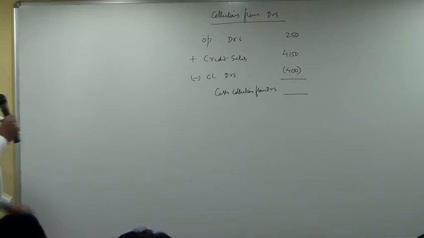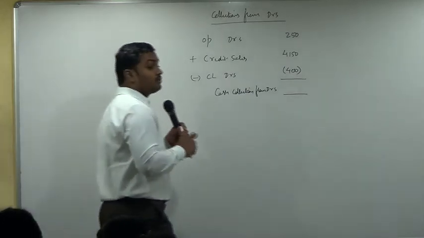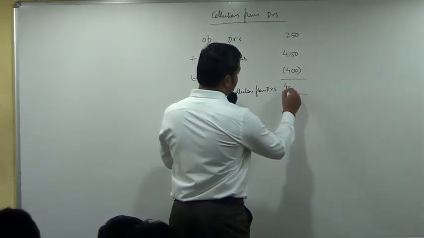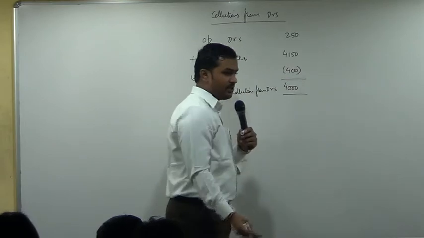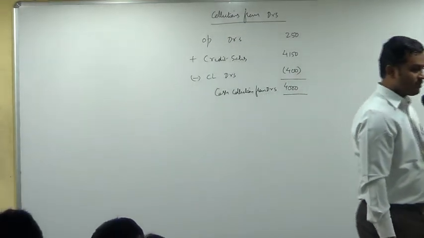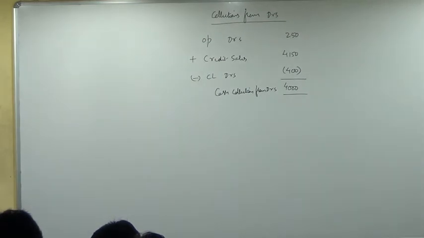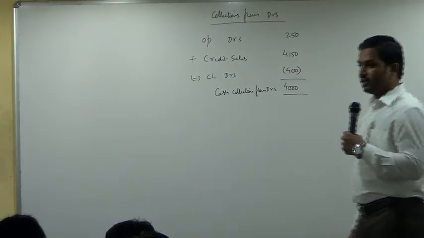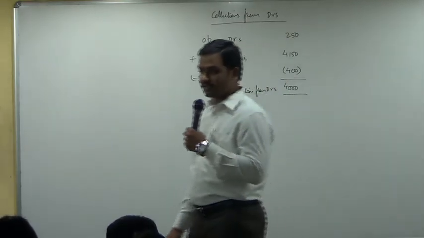So please tell me how much you get as collection from debtors? 4,000 lakhs. Please take it in your cash flow from operations statement. The first item, collection from debtors, 4,000. All the figures are in lakhs.